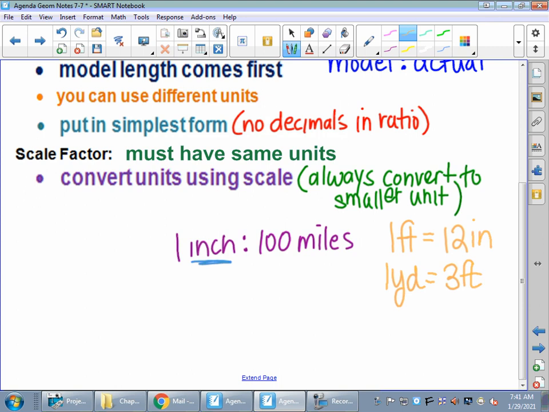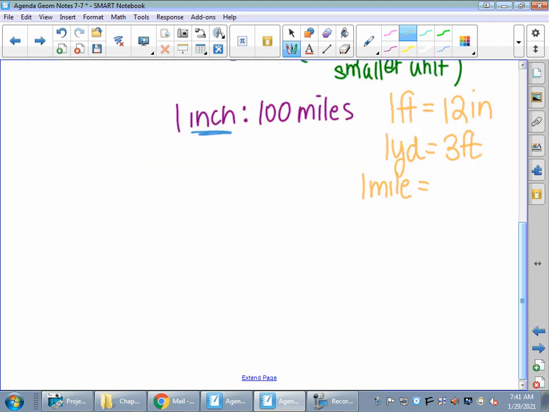How about a mile? 1 mile is equal to 5,280 feet, or if you prefer, a mile is equal to 1,760 yards.